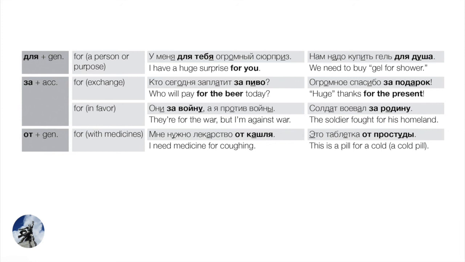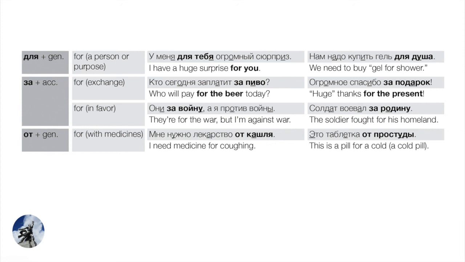Для, which we've seen, I believe, takes the genitive. That's usually for a person, like you're doing something special for someone or for some particular purpose, right? But again, most commonly in speech, it's going to involve a person. У меня для тебя огромный сюрприз.